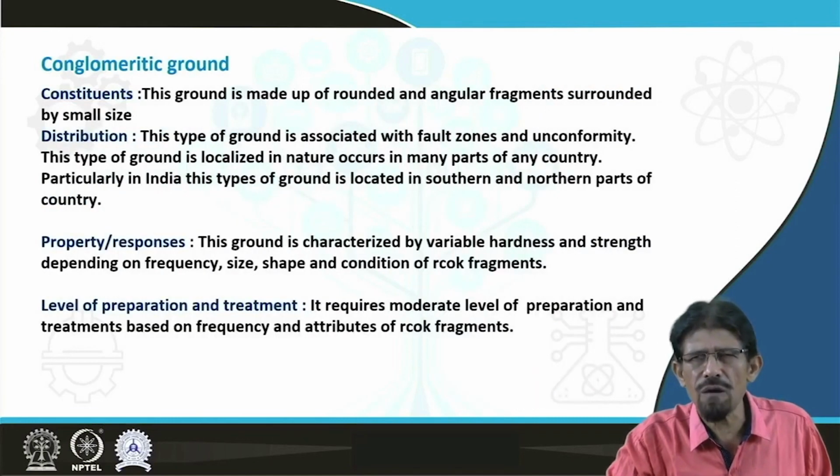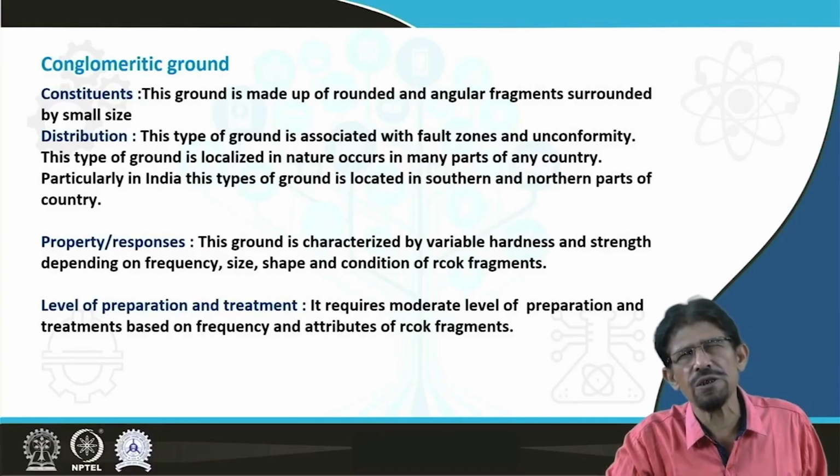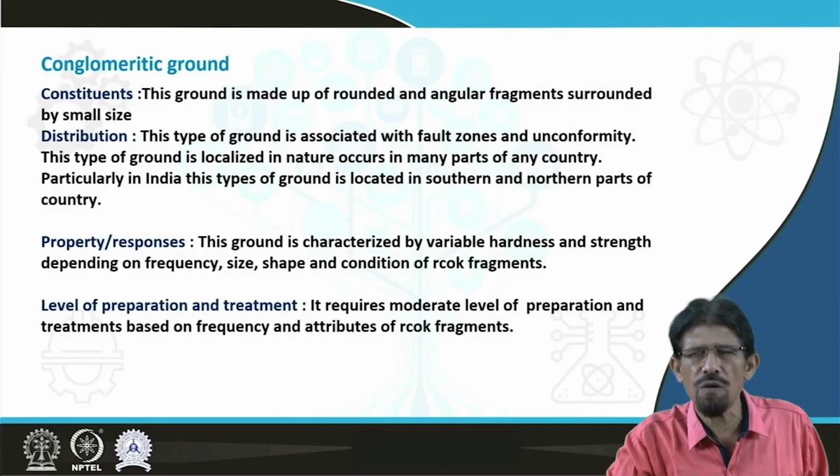Conglomeratic ground, behavior-wise, is similar to the pyroclastic ground. However, the pyroclasts are smaller in nature, but in conglomerate we have fragments of bigger size, gravel size, boulder size, etc. And there is a variation in size and shape. In these conglomeratic grounds, we are going to consider rounded fragments as well as angular fragments also.